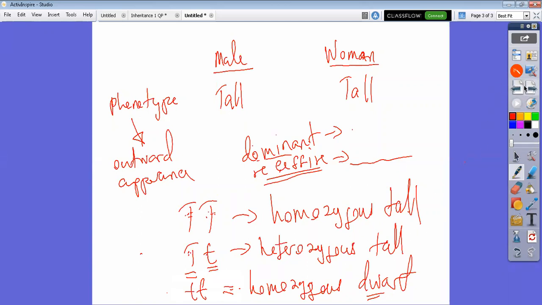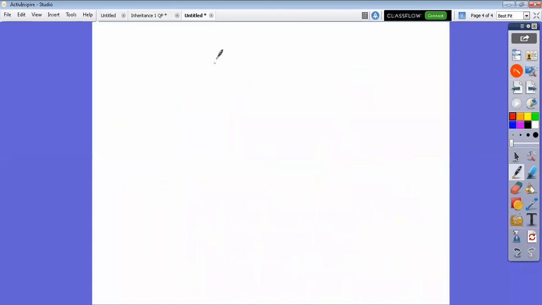Okay. So let's look at some diagrams. They need to make sense. So if I have a tall person here, and I have another tall person, let's say it's male and female that are mating.